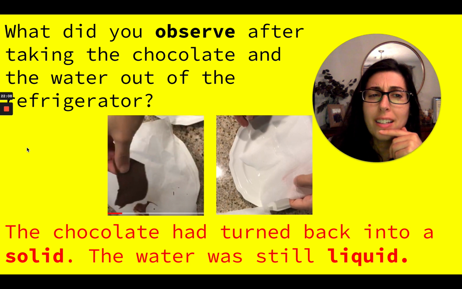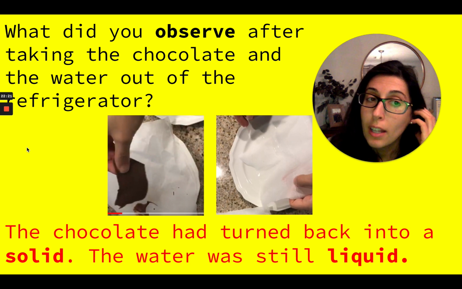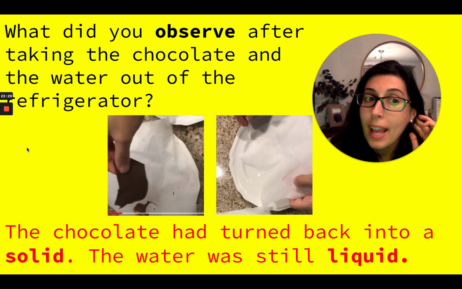What does that tell us about liquids? Do all liquids turn into a solid at the same temperature? No, right? Liquids are all different and they all have different what's called freezing points, or points where they turn back into a solid.